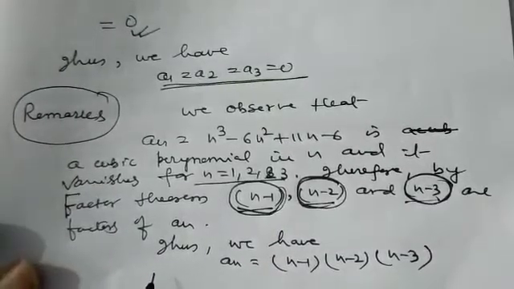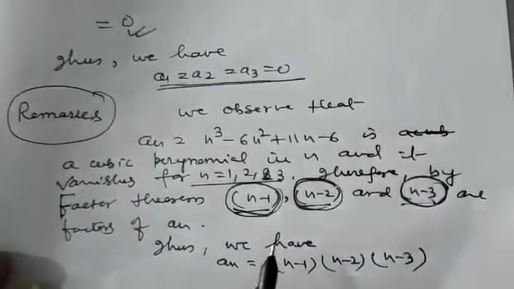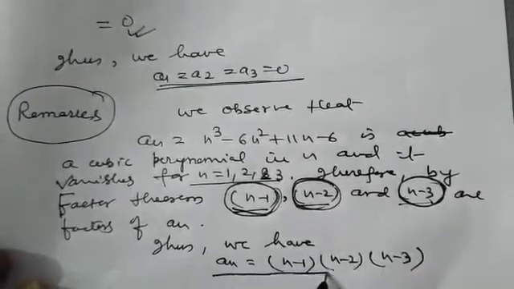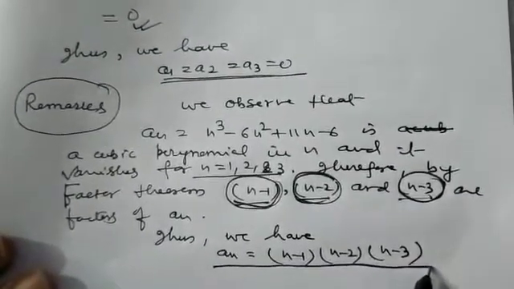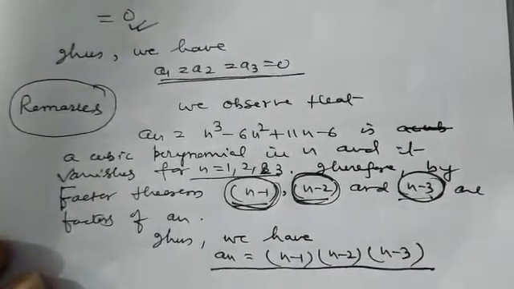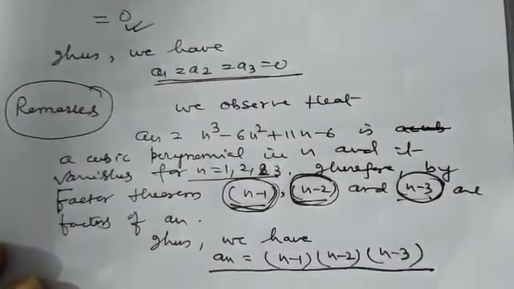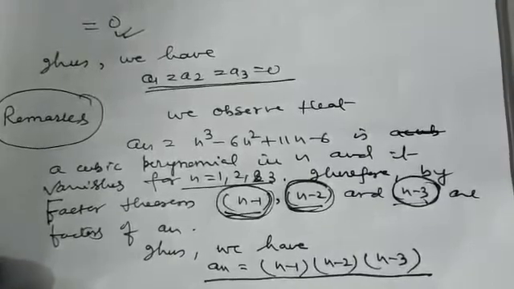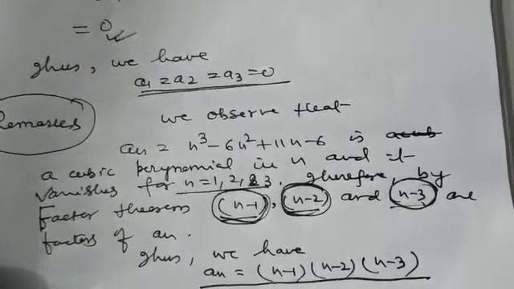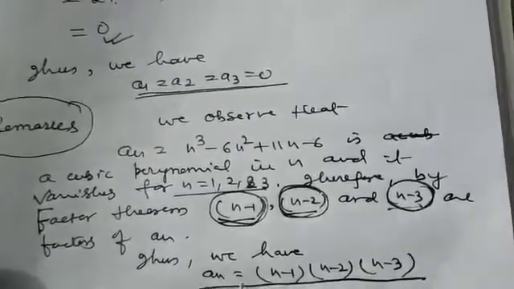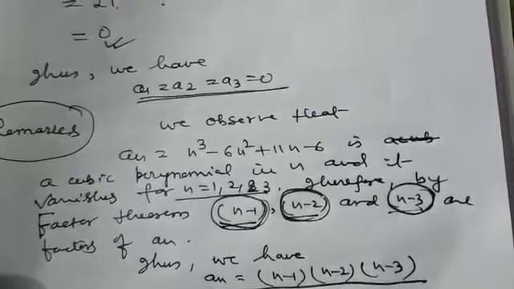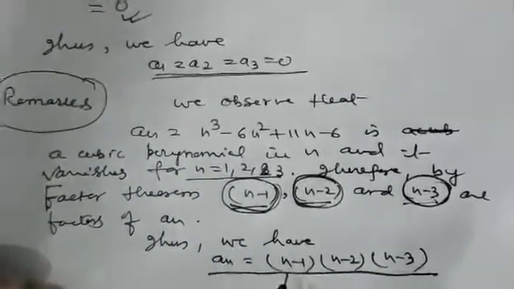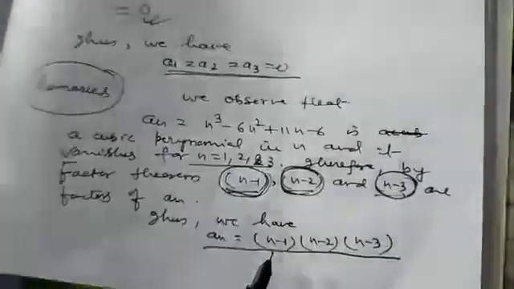So what do we observe? We observe that an equals n minus 1, n minus 2, n minus 3. If we put n equal to 1, 2, 3, we get the three terms as 0. But if we put n equal to 4, 5, 6, we get values of an greater than 0.